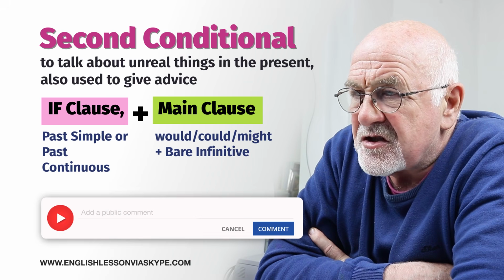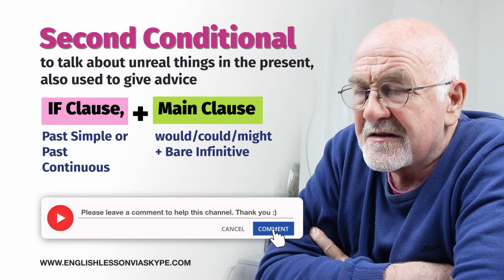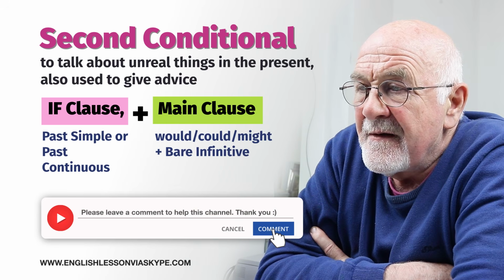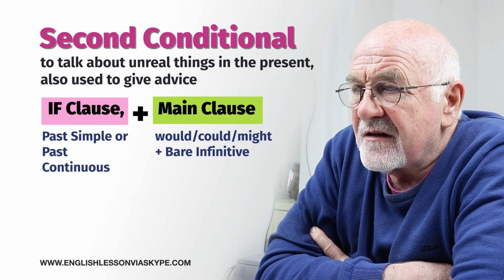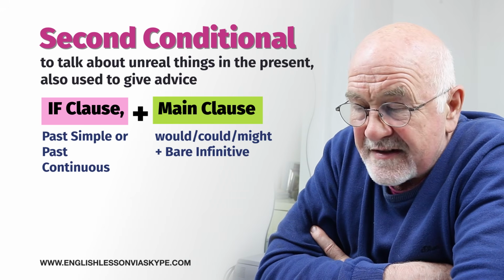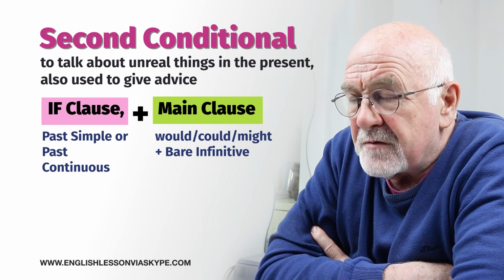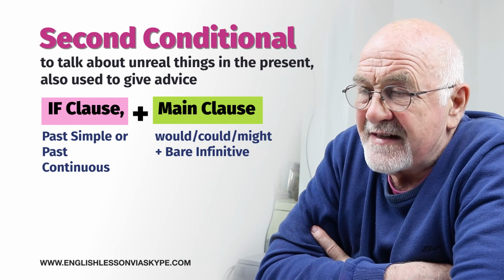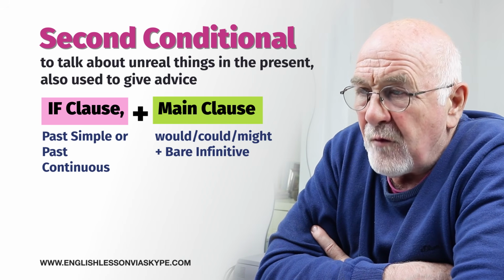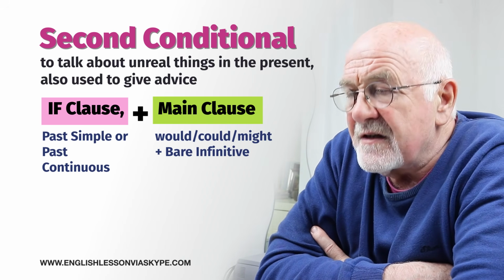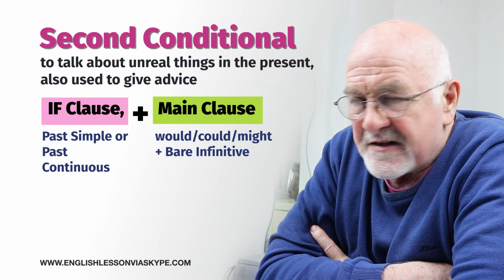In the first conditional, we used if and will because it's about real situations. And in the second conditional, it's unreal situations, and therefore we're using if and would. But the main rule still applies: if in one clause, would in another clause. They're never together, okay?